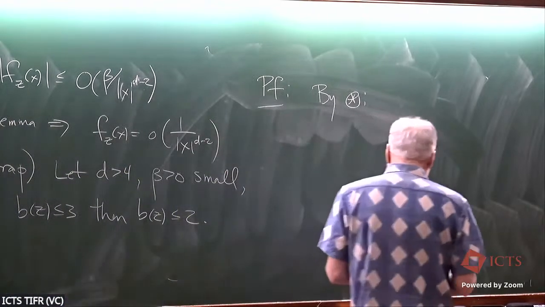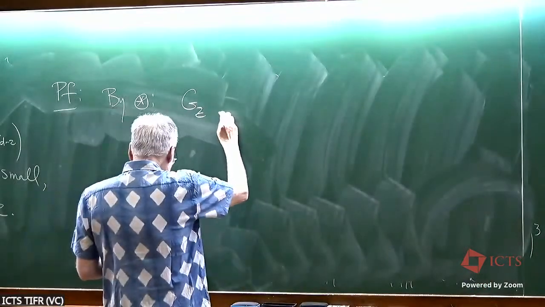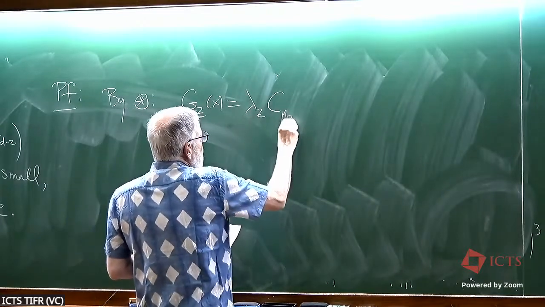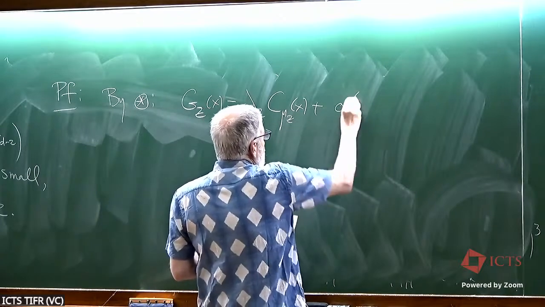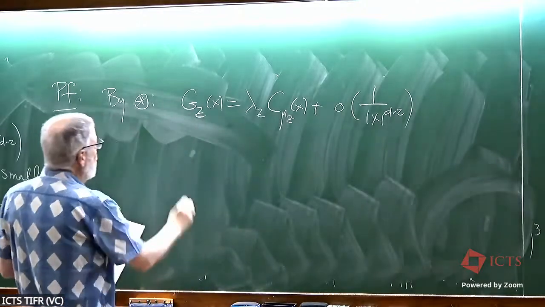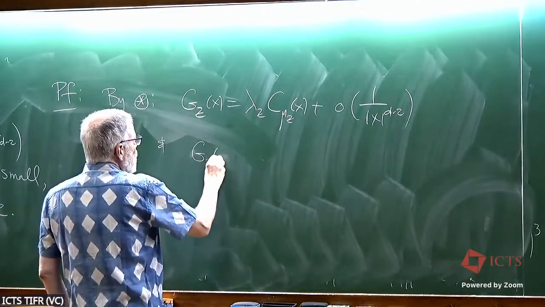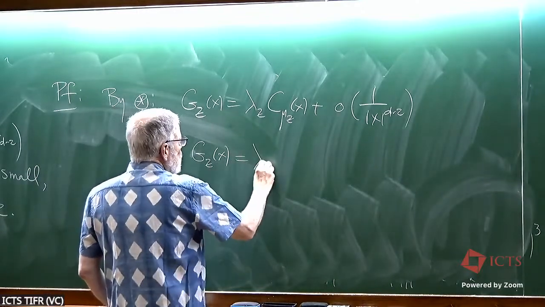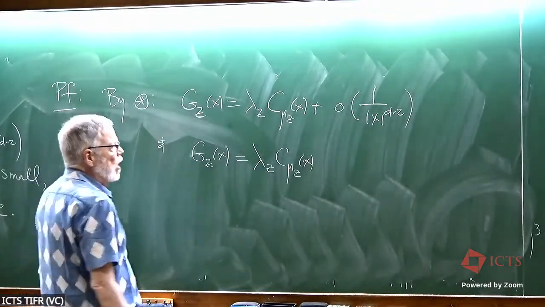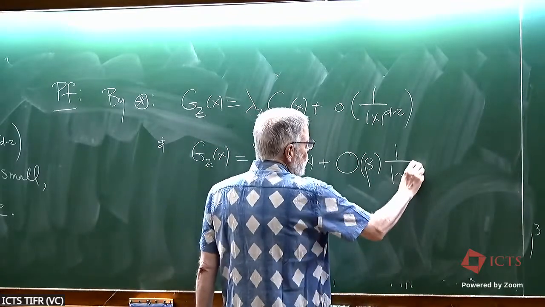So by star, the Riemann-Lebesgue one tells me that g_z of x is equal to lambda_z c mu_z of x plus little o of 1 over x to the d minus 2. And the integration by parts bound tells me that it's equal to lambda_z c mu_z of x plus big O of beta times 1 over x to the d minus 2.